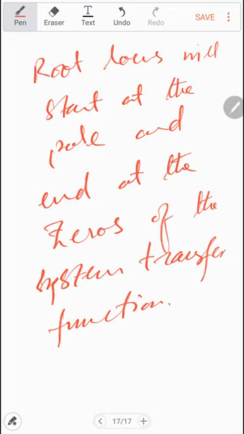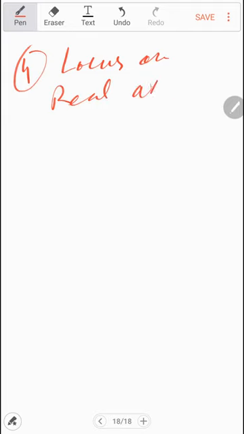Now let us see number 4. Number 4 is how the root locus, or you can say the root locus on the real axis. How the root locus will start. So the first one, you see, there will be symmetry.